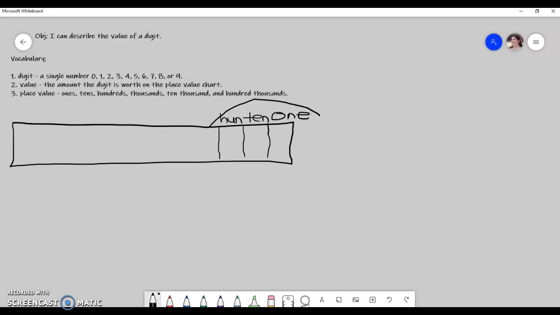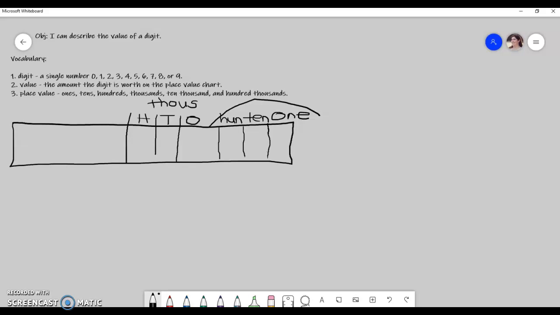Then we have the thousands house. We're going to call this the thousands house or the thousands period. So we have 1,000, 10,000, 100,000. So we have HTO for both sections for our place value.